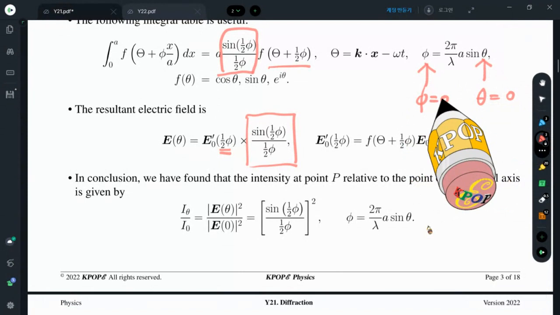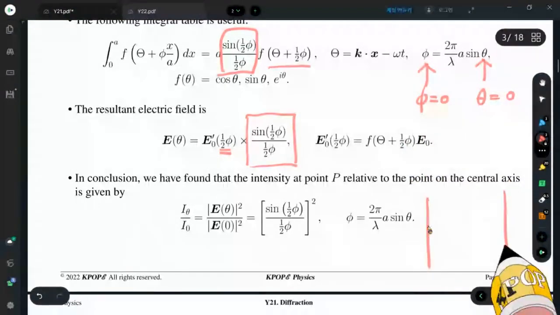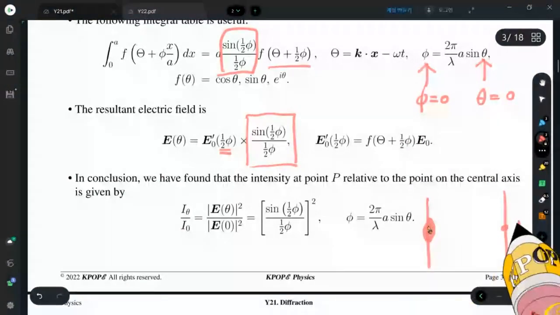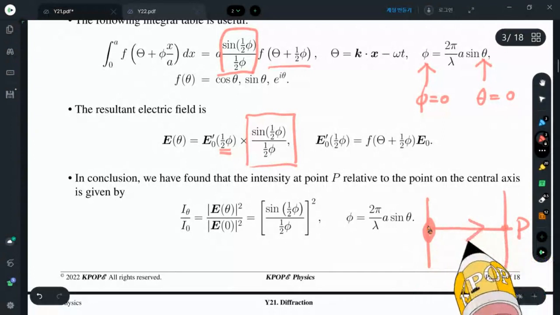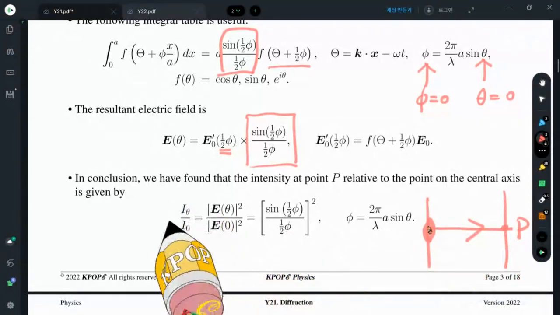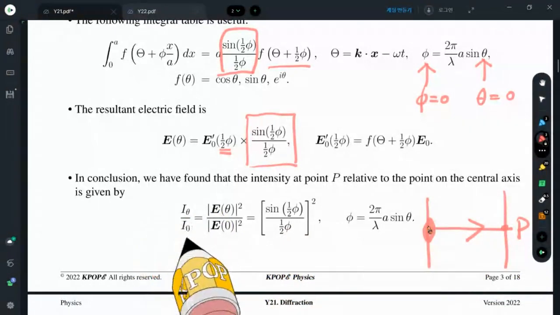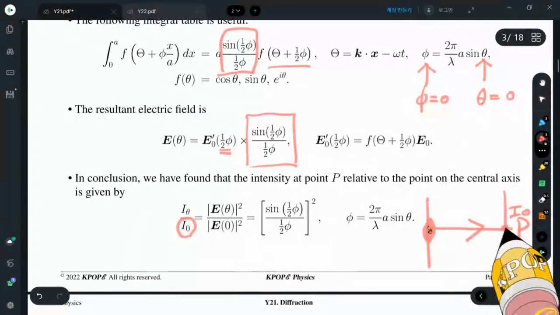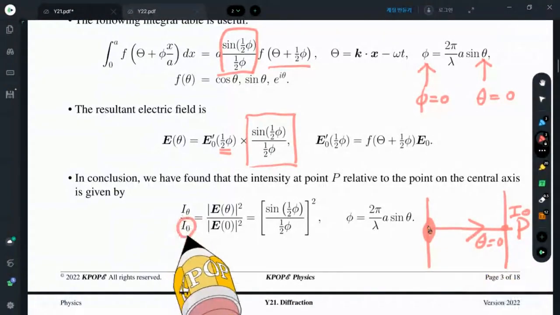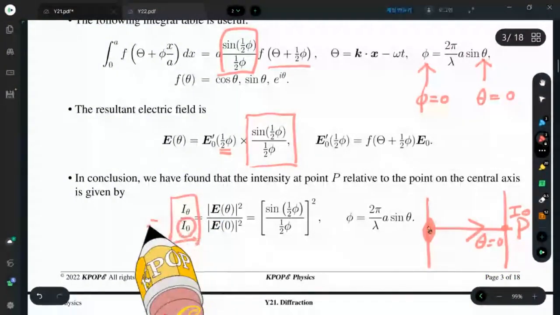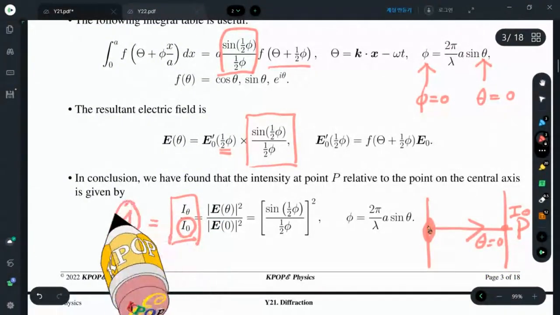At the central point on the screen, you have an aperture. We have a point P at the center. Then you will find this value should be 1 because the central value is at theta equals 0. By definition, if you substitute theta equals 0, the left-hand side should be 1.